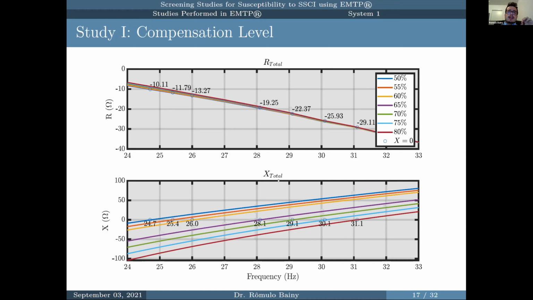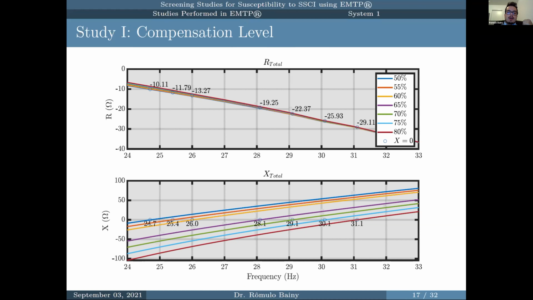When we check this reactance, the X total, the total reactance of our system, we can see that these values just under the circles are the resonance frequency, where we go from the negative side to the positive side. You can also go from positive to negative, but here we are talking about from negative to positive, which is a series resonance.